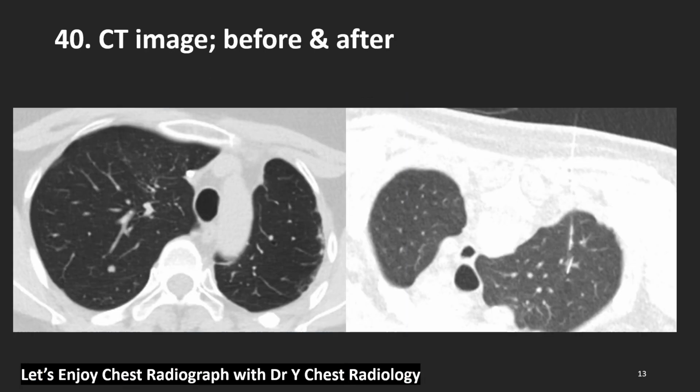These two CT scan images will tell you what happens during the procedure. On your left side, this is a tiny metastatic nodule from GI tract in her right upper posterior segment. 5 mm nodule is here. From anterior approach on supine position, the distance is too far to accomplish.